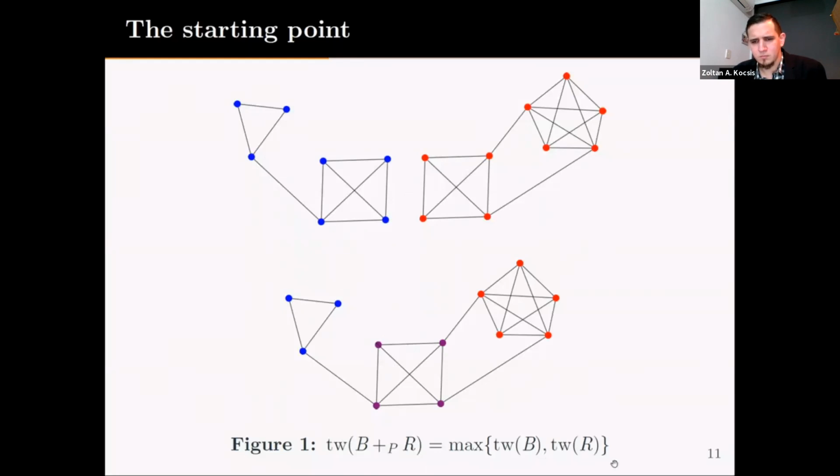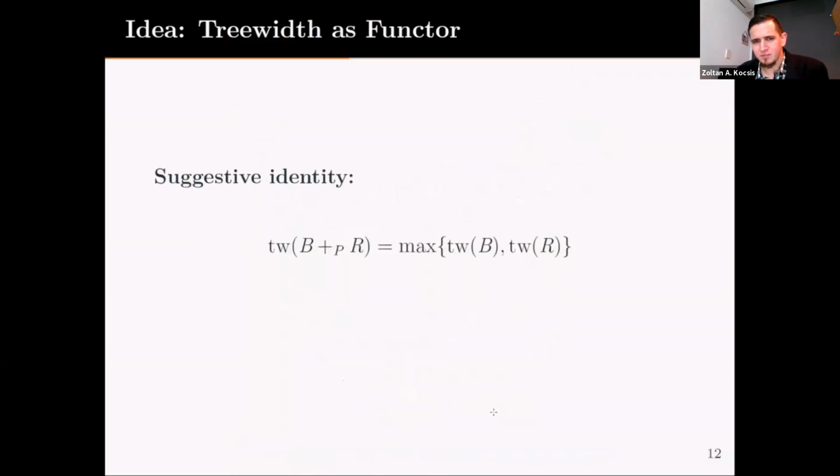And interestingly, if you look at the right-hand side of this equation, taking maxima in the poset of natural numbers, or suprema in lattices in general, it's also push-outs. So we get this identity, and it suggests that perhaps Treewidth should be some kind of push-out preserving functor from the category of graphs to the poset of natural numbers.